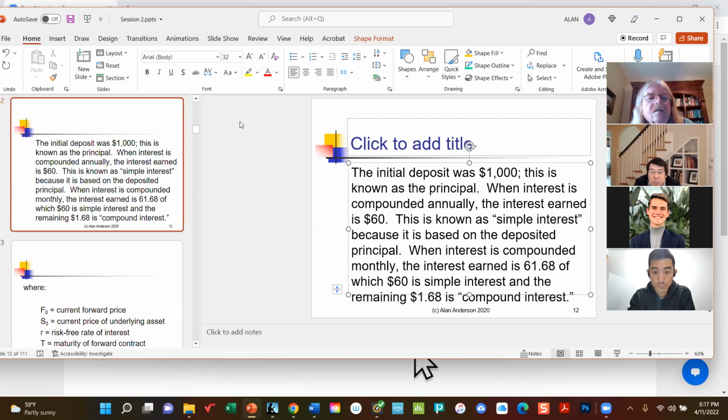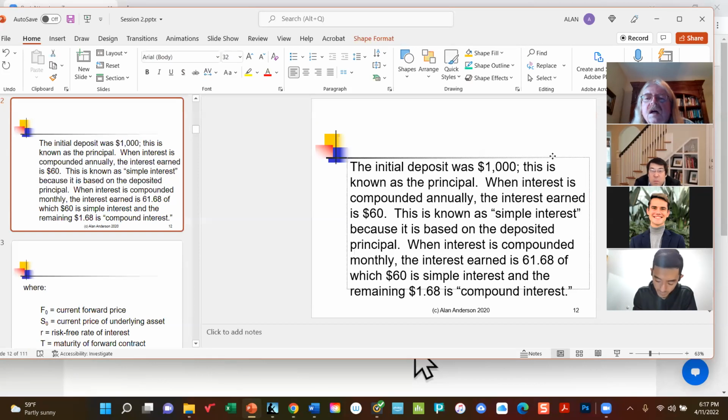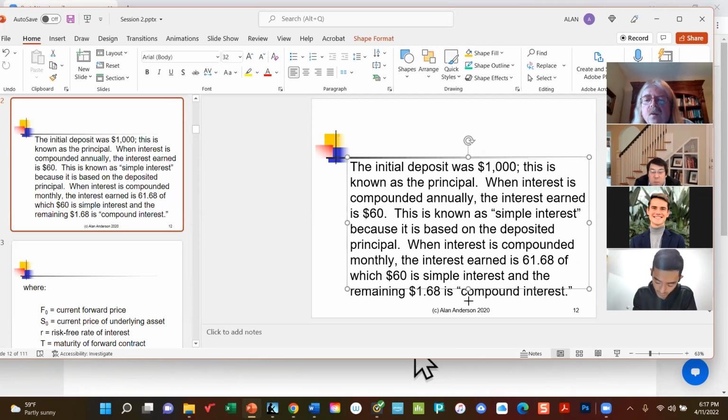So that extra $1.68 is a result of the compounding frequency being higher than 1.